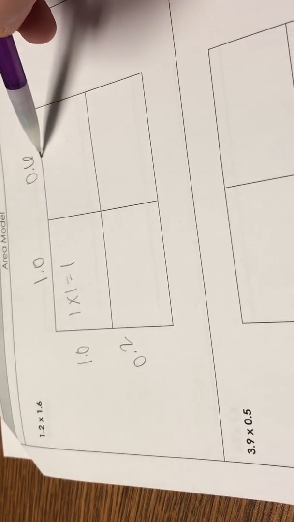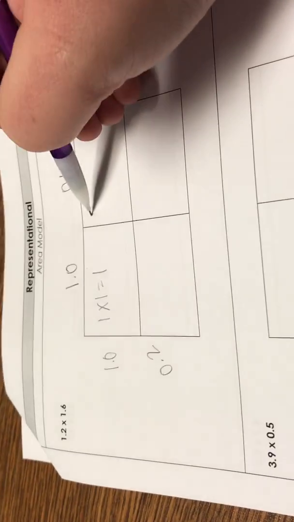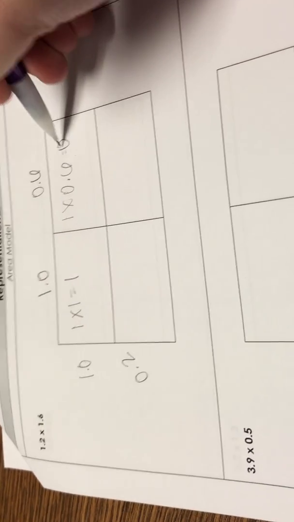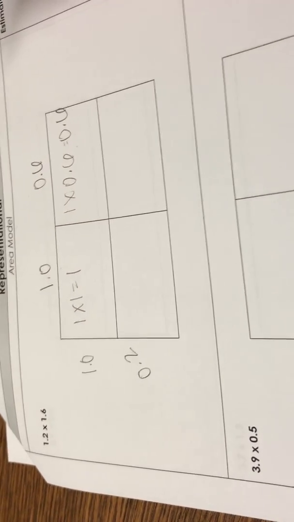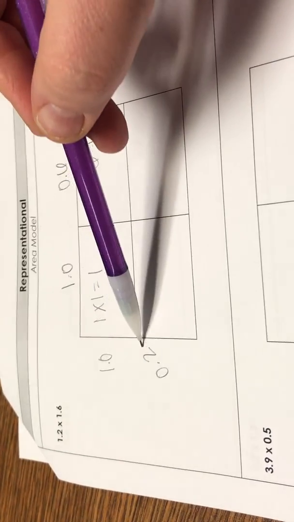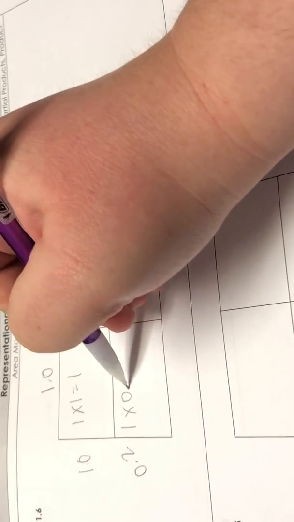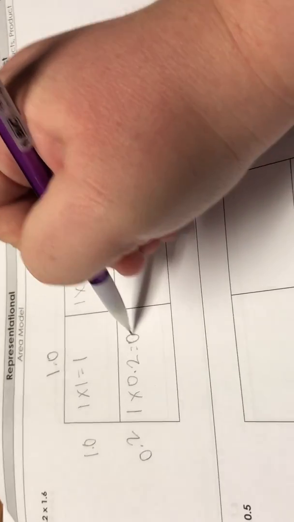Now we have 6/10 times 1, or 1 times 6/10. Anything times 1 is itself, right? 6/10. 1 times 2/10, they meet here. 1 times 2/10 is 2/10.